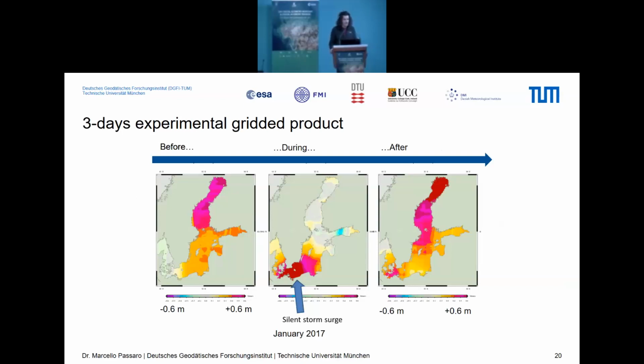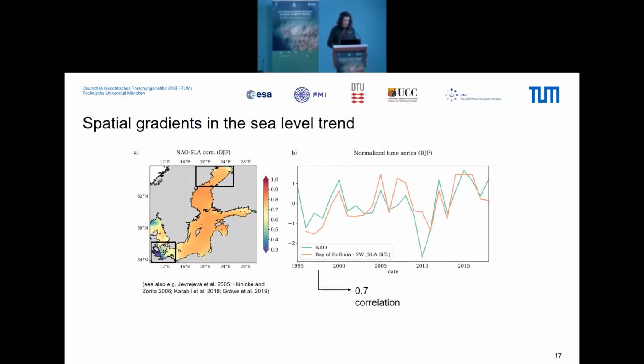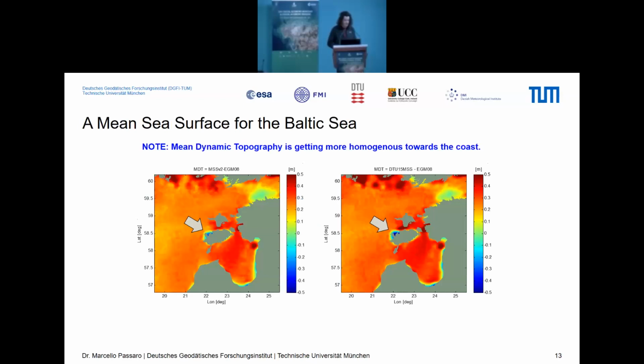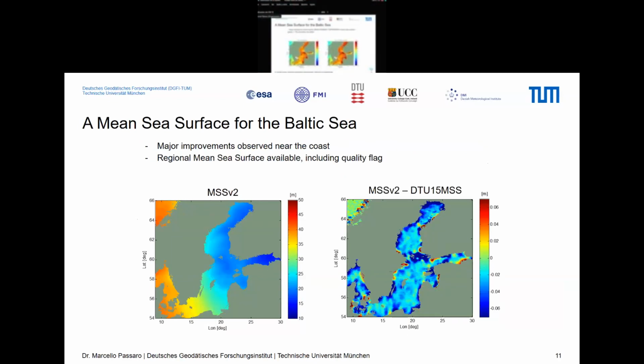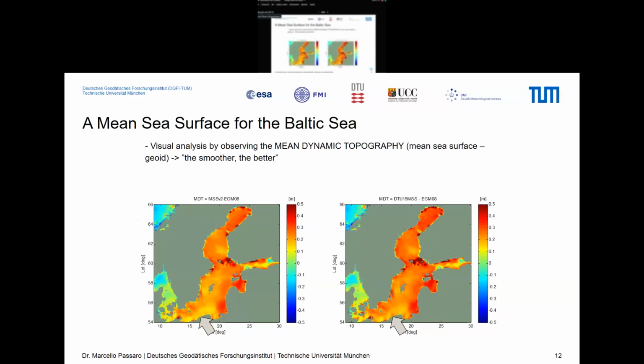Hey, thanks. This might be a stupid question. Can you go back to your mean sea surface? Yes. Further back. Yeah. Okay. Back one more. Just a comparison between the two. Yeah. Okay. So this looks very different. And then if you flip to dynamic sea level. Yeah. That's the same thing, just with the geoid removed, right?